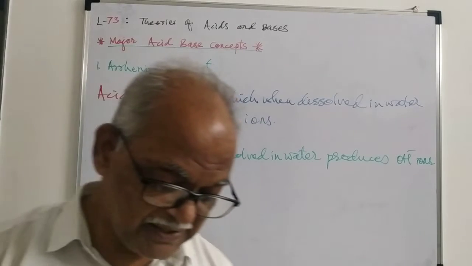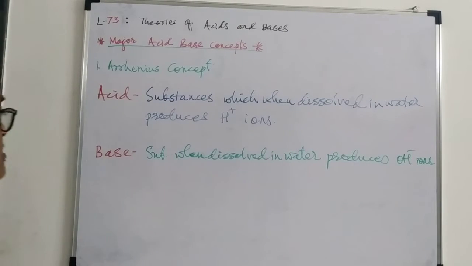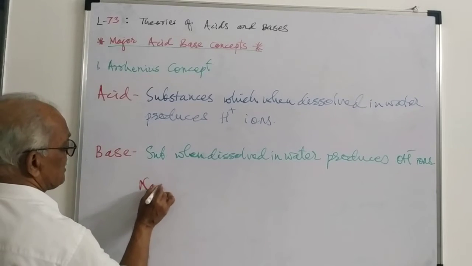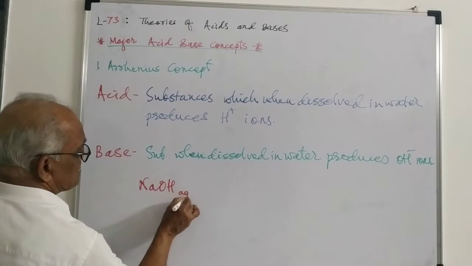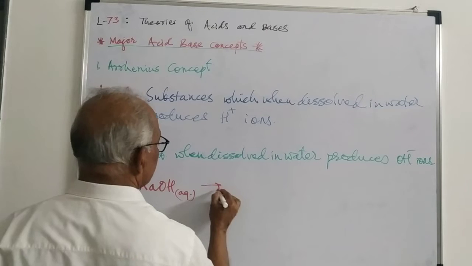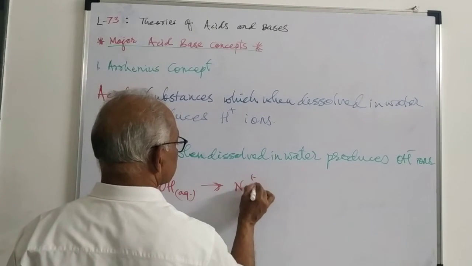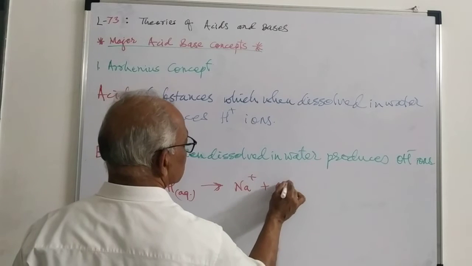We can show examples such as NaOH, which when dissolved in water undergoes ionization to produce Na plus and OH minus.